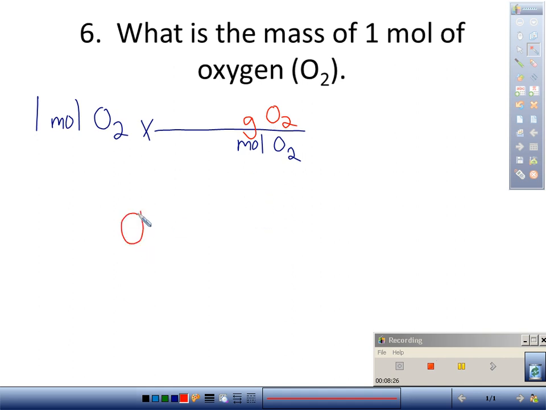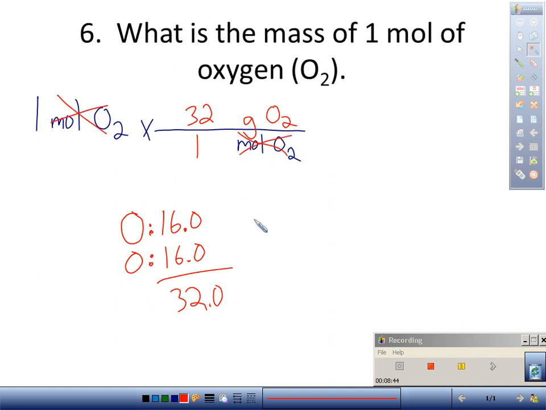I look up oxygen. There's 2 of them. My periodic table tells me oxygen has a mass of 16. And so it's 32 grams. It's always 1 mole for mass to moles. And I cross that off. And again, you could skip this whole conversion here and just add them up, because this is, after all, molar mass.